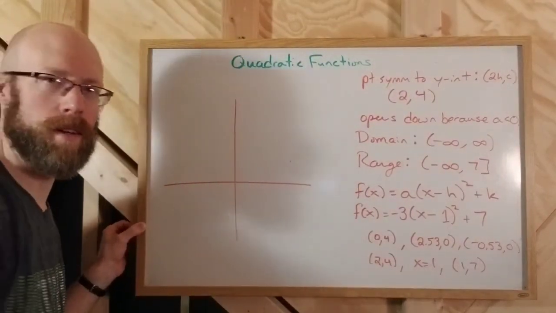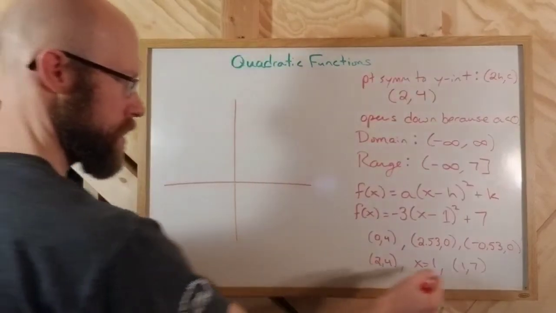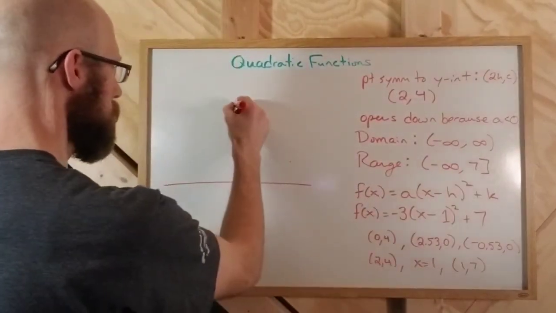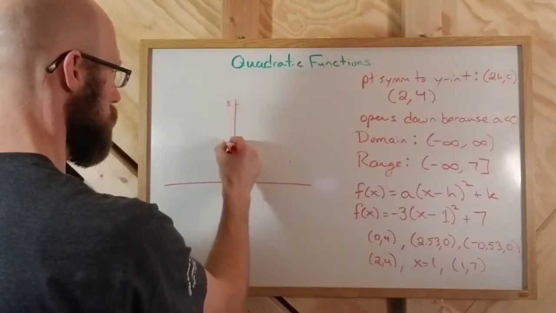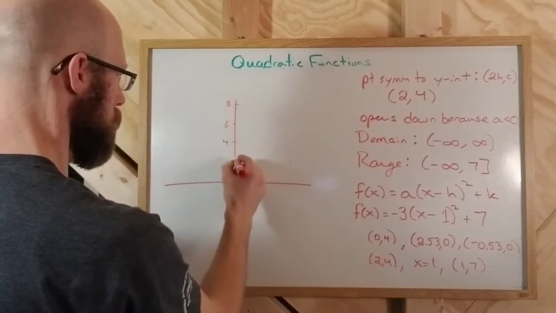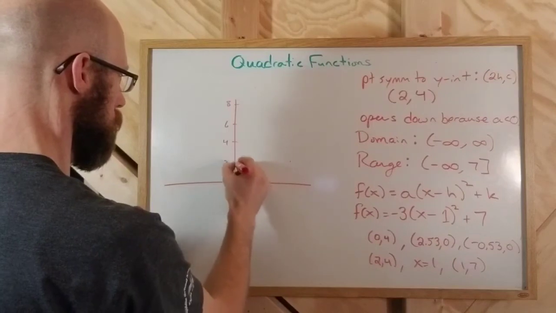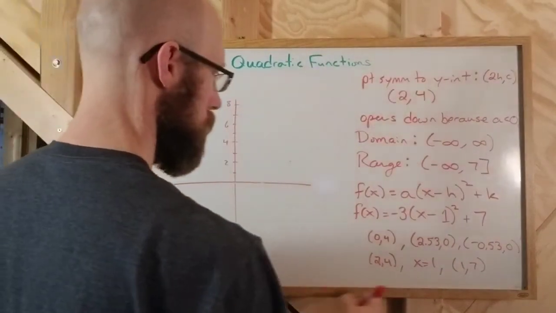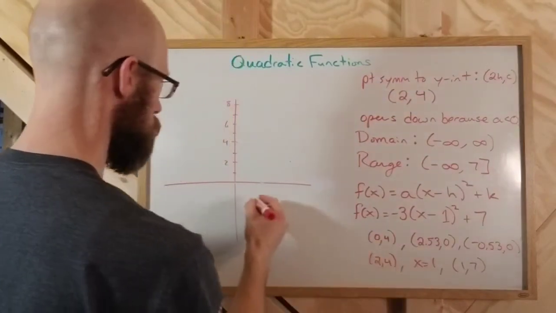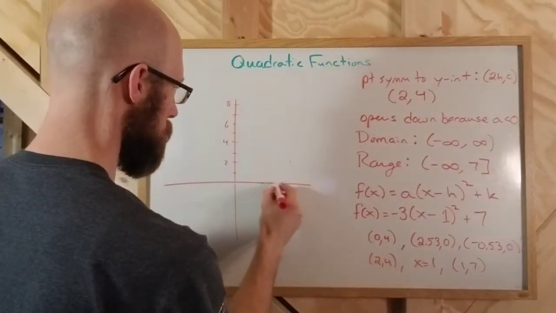Okay, good enough. Let's go up to 8 in the y direction, that'll make sure that I get the 7 in there. And left to right, let's go up just to 4, that would be sufficient.